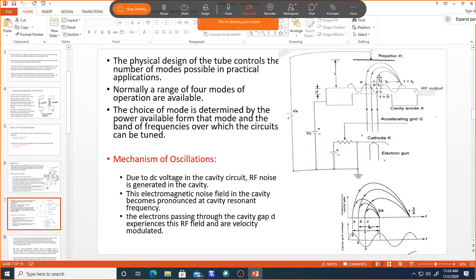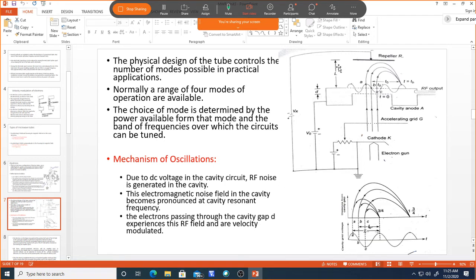So before the electrons lose their energy, we need to collect those electrons and take that energy. That process we call bunching of electrons. This bunching of electrons we need to take, and we need to collect that energy in the positive RF cycle.